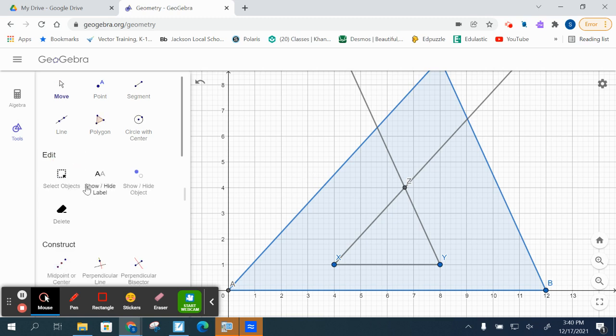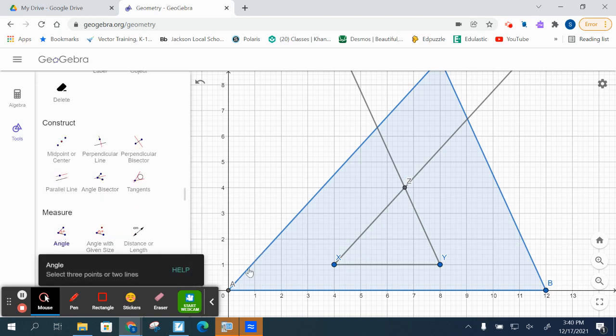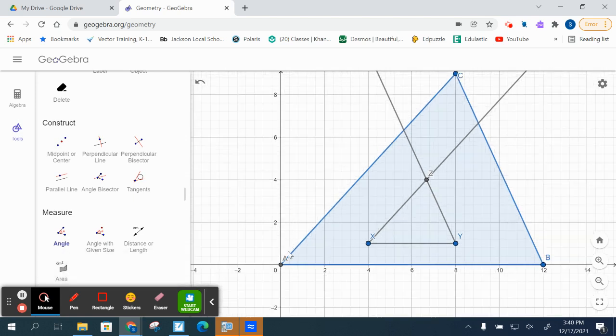So click on more, and then measure, angle, and then you have to click on the vertices in the same order. If we want to measure angle A, you click on CAB, and that's 48.4, and then CXY is 48.4 as well.